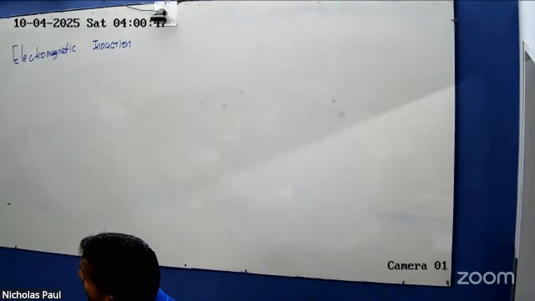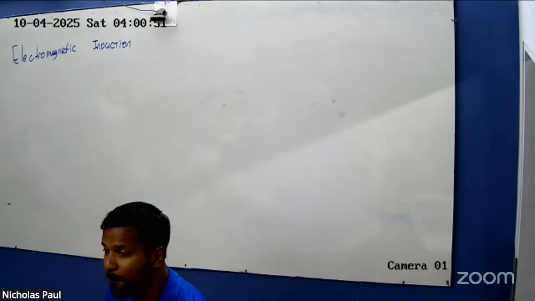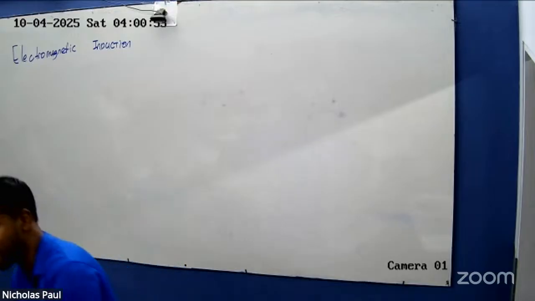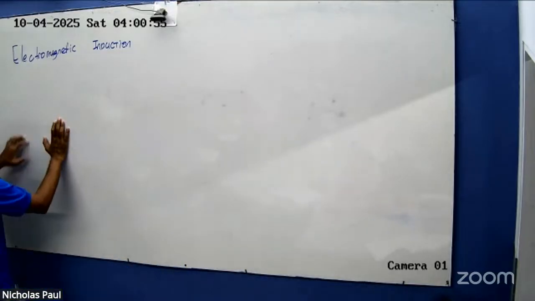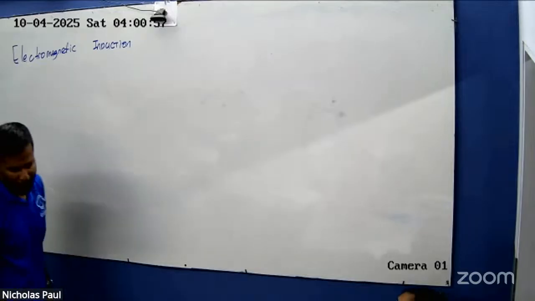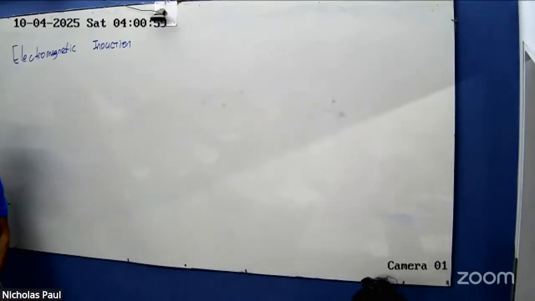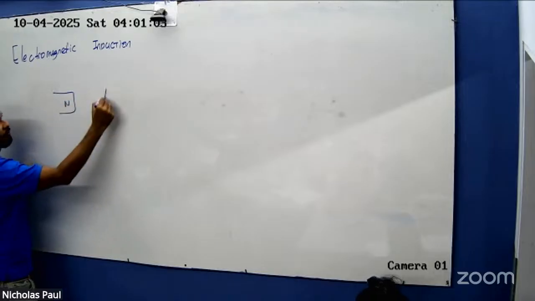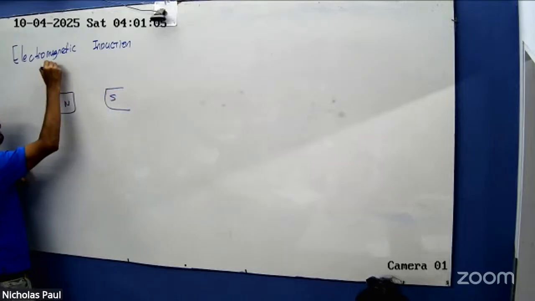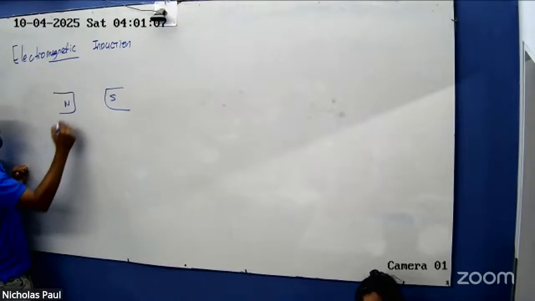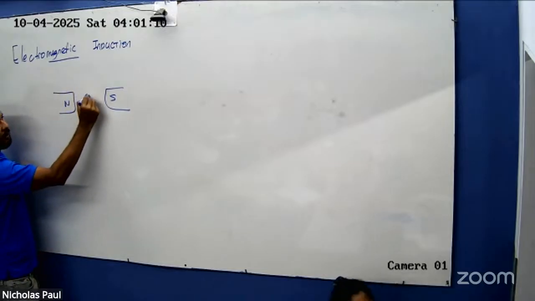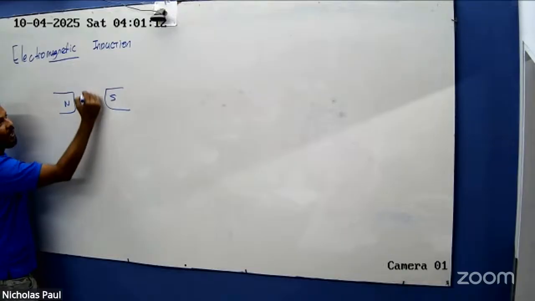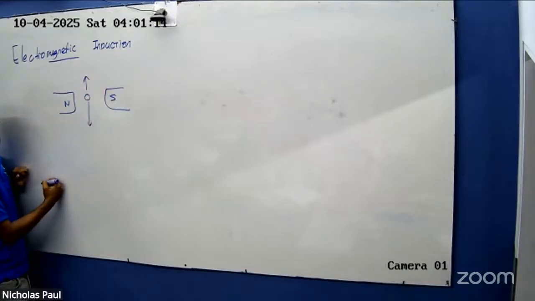All right. As I was saying, we're going to take a look at electromagnetic induction. We are going to take a magnetic field, and we're going to take a conductor, and we're going to move the conductor in the magnetic field.